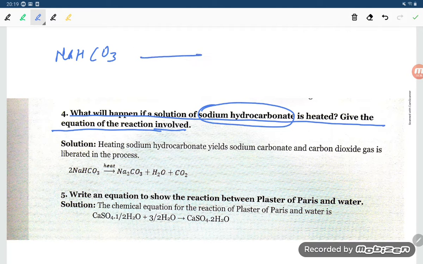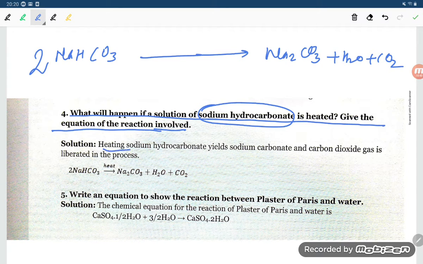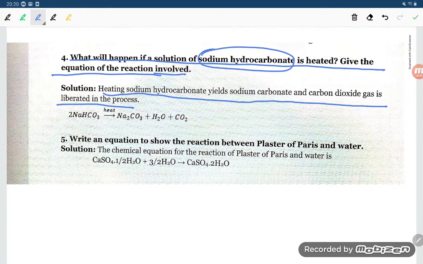If you are heating NaHCO3, student, it will directly convert to washing soda, Na2CO3, plus H2O plus CO2, with a 2 in front of NaHCO3. So heating sodium hydrogen carbonate yields sodium carbonate, and carbon dioxide gas is liberated in the process.